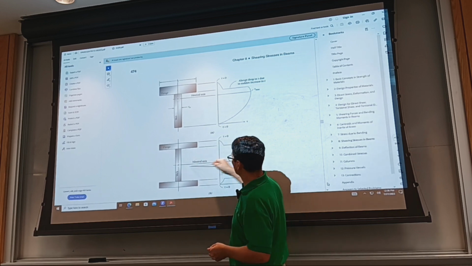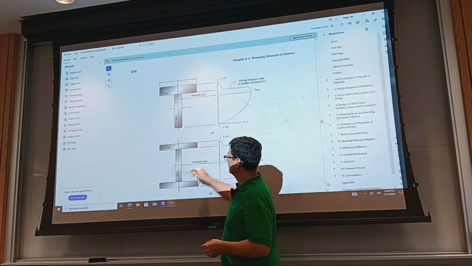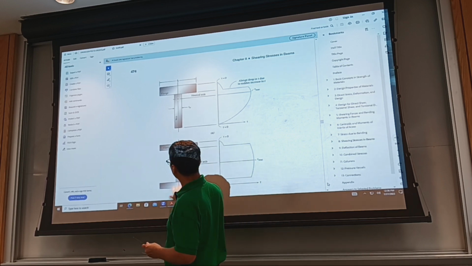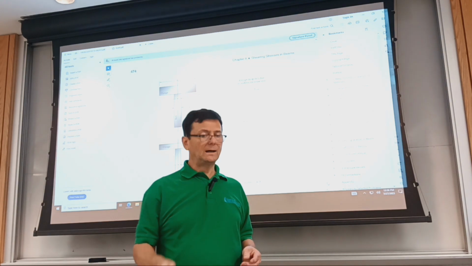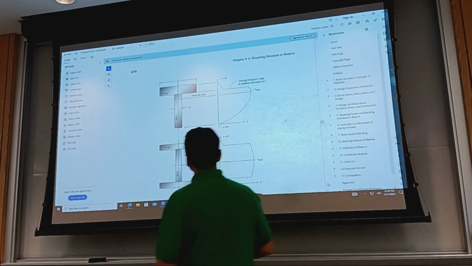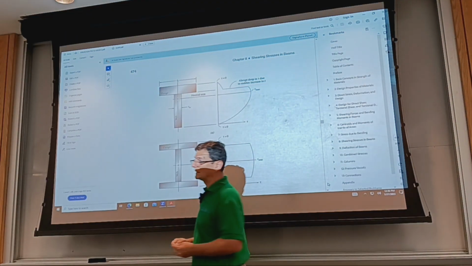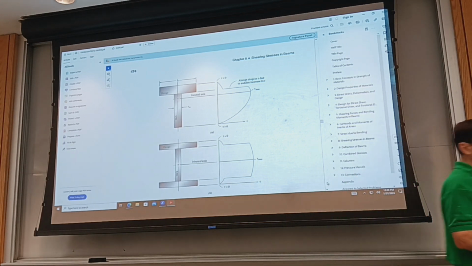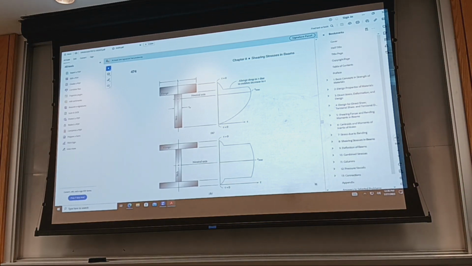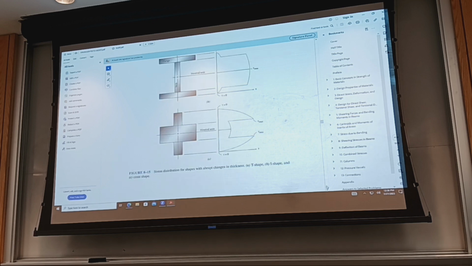It's maximum at the neutral axis, and remember, for thin web I-beam sections, this can be an area of weakness, where failure can develop through wrinkling, or depends on if it's wood made, it may fail there.